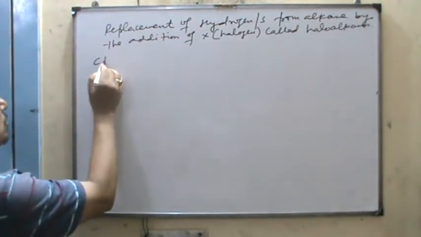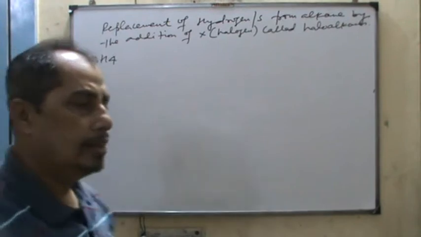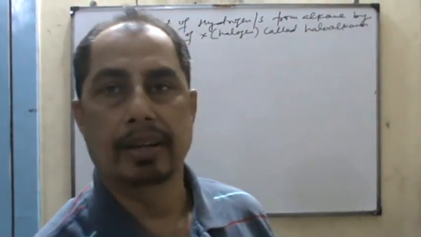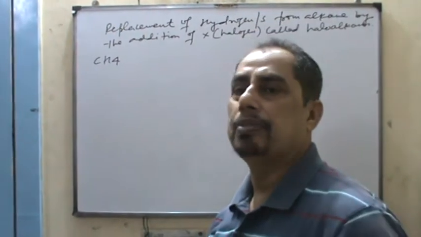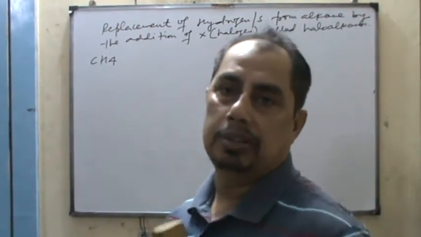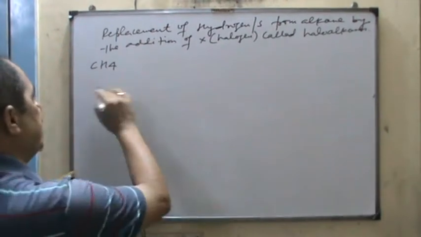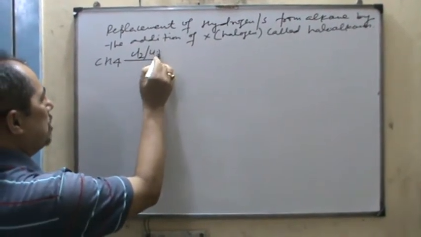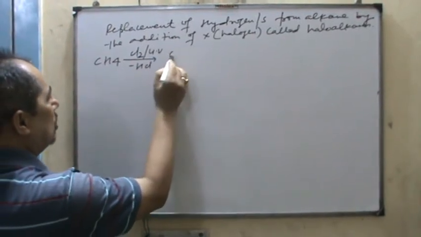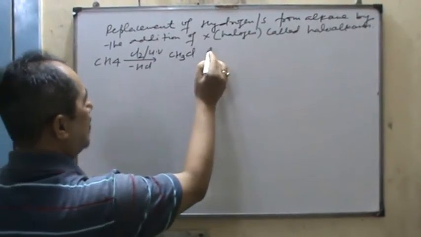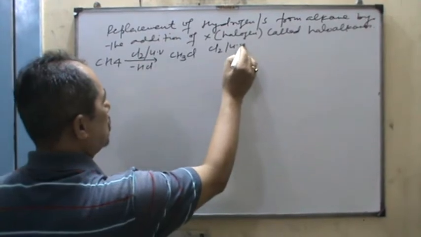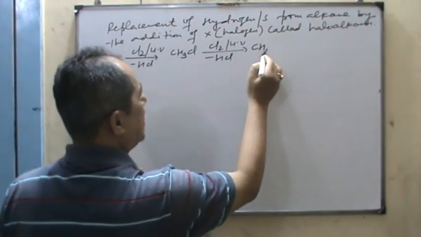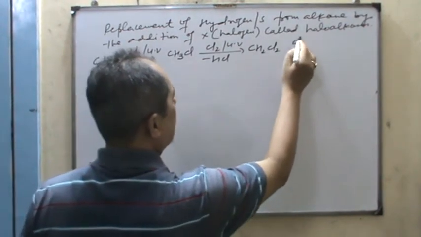For example, you remember the chain reaction. Methane undergoes chlorination or bromination in presence of sunlight or ultraviolet rays. That is why we take here methane undergoing chlorination in presence of UV rays. HCl is lost, CH3Cl. Further they undergo chlorination, again HCl, dichloromethane.